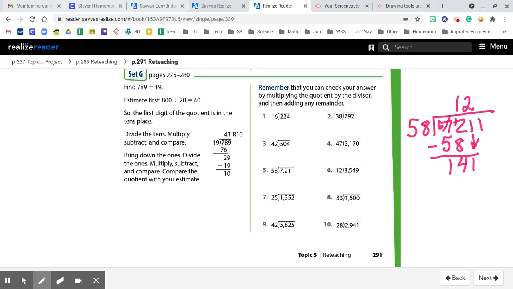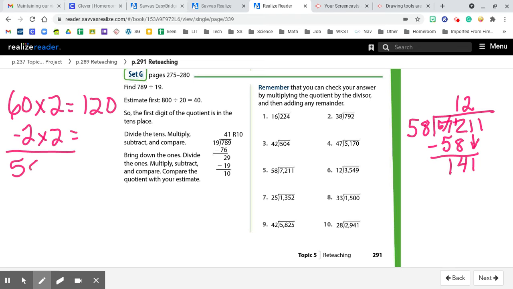And in my head, what I'm doing, if I'm trying to figure out 58 times 2, I'm doing 60 times 2 is 120. And I'm subtracting out 2 times 2, which is 4. So I'm getting 116. In case you're wondering how I'm doing that in my head. You can also do off to the side 58 times 2.